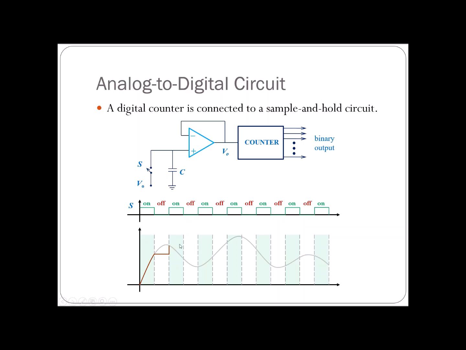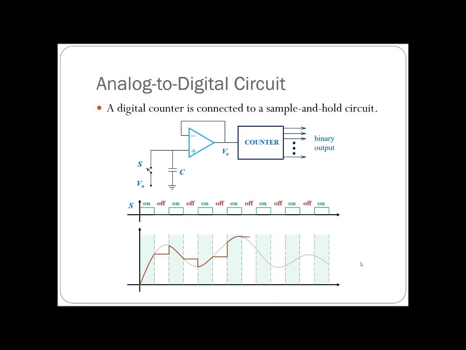In this region, when the switch is closed, the output of this op-amp will again follow the analog signal until the switch is off again. And then the voltage will be halted here because the positive input terminal will receive the voltage from the capacitor, until the switch is closed again, and then it will follow the analog signal again.